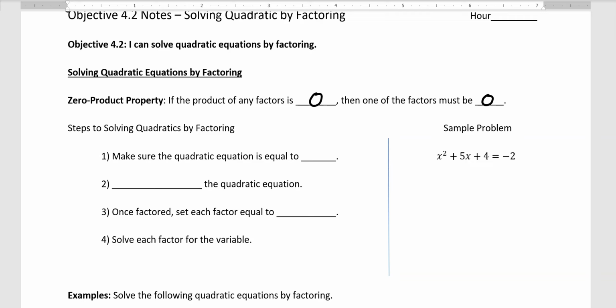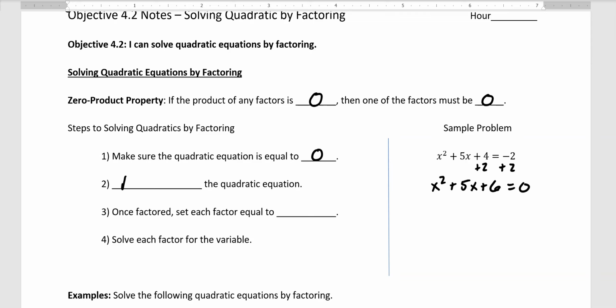So with that being said, here are the steps to solve by factoring. The first step, make sure our equation is equal to 0. If I look at my sample problem here, I have x squared plus 5x plus 4 equals negative 2. First thing I need to do is add 2 to both sides so I can get my quadratic equal to 0. So I have x squared plus 5x plus 6 equals 0.